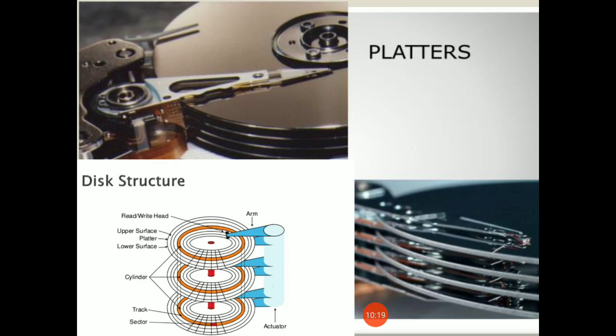Therefore, the logic 1 or 0 depends on the direction of magnetization of iron particles of the magnetic disk, which comes under the read or write head.